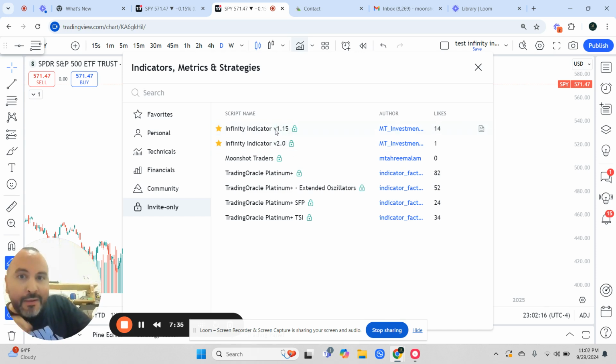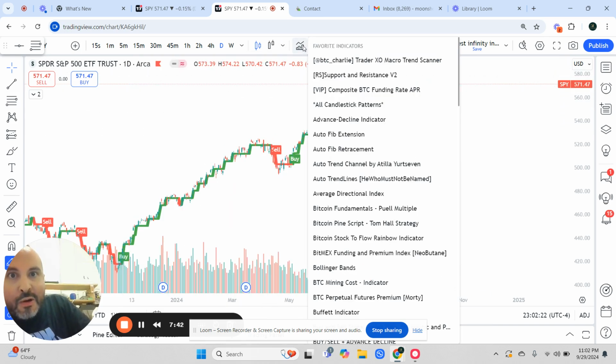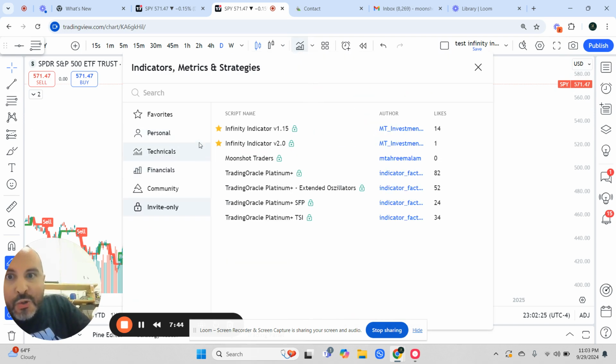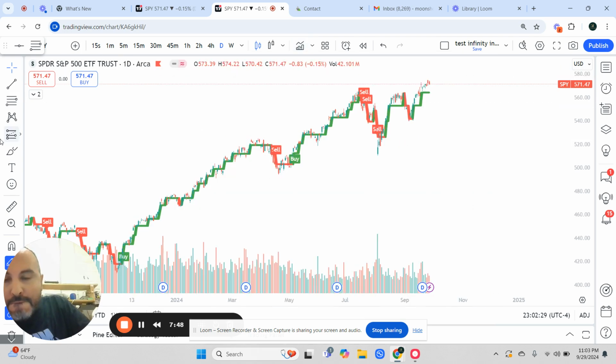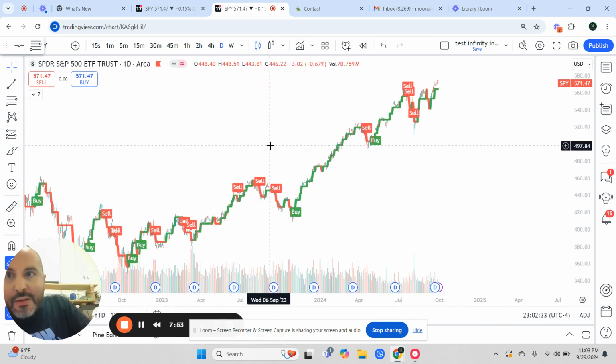Go ahead and click on that. You only need to click on it once. You don't need to double click. Oh, one more thing. It may help for you to just star the indicator and favorite it for later. And it's going to look something like this.